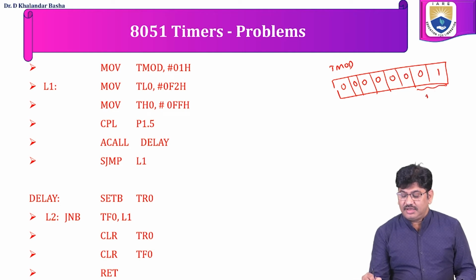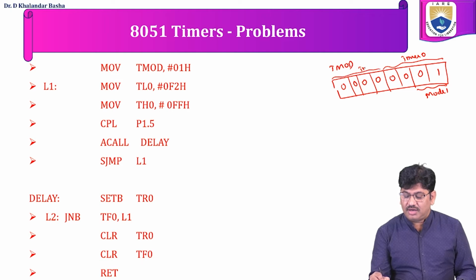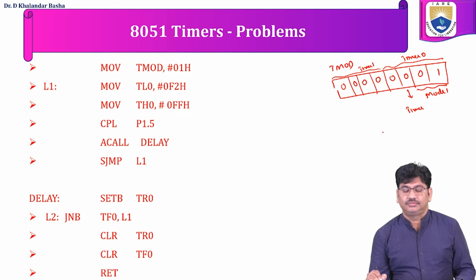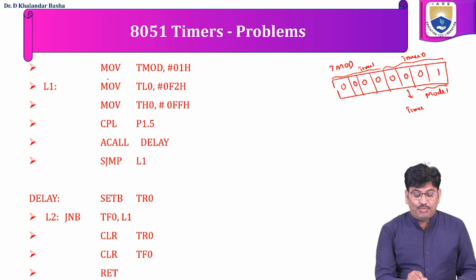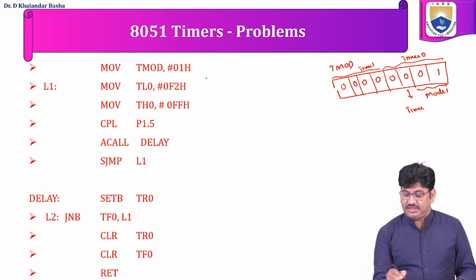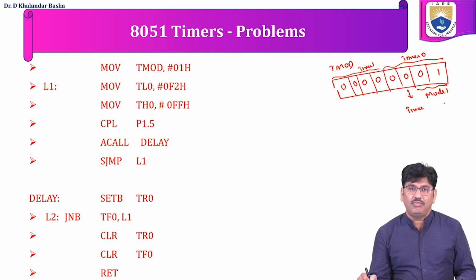This indicates mode 1 for timer 0, and this is for timer 1. Timer 1 we are not using. Next, timer 0 is configured as a timer. The gate bit is not required. MOV TMOD, #01H indicates timer 0 is configured in mode 1, that is 16-bit timer.